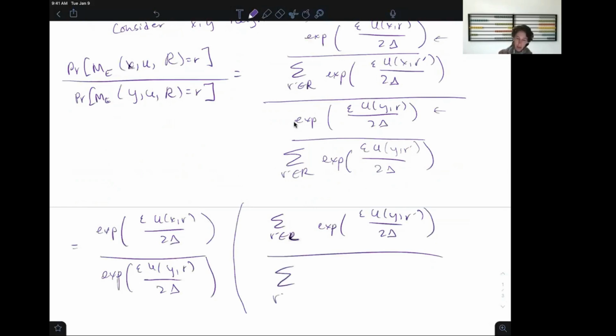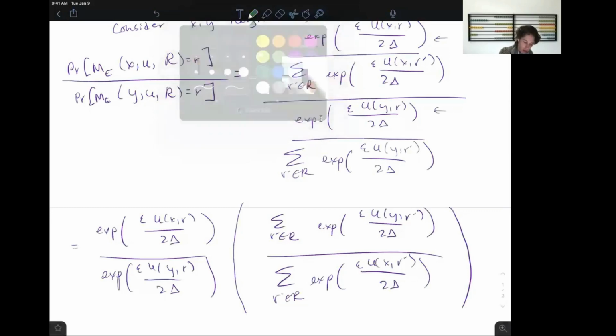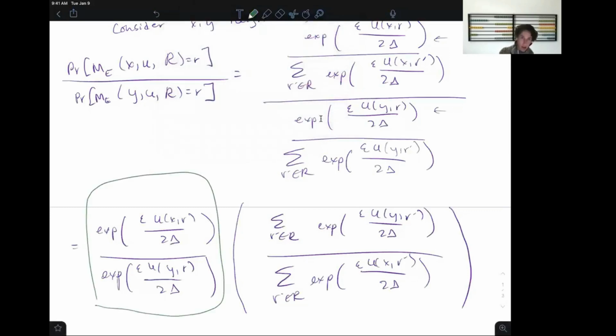And now we have the denominator of the numerator: the sum of exp of epsilon u of x, r prime over 2 delta. Okay. Now what can I say about this term here?